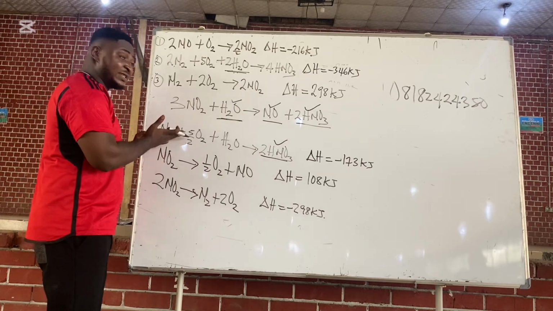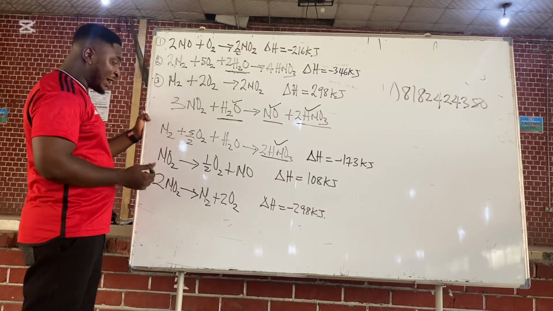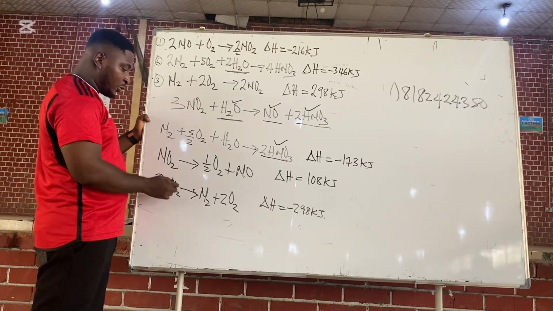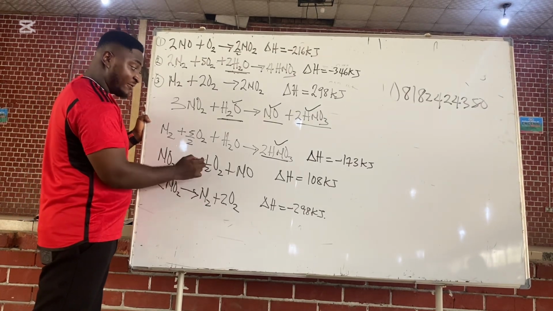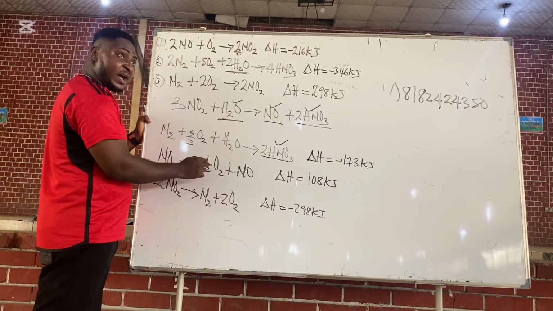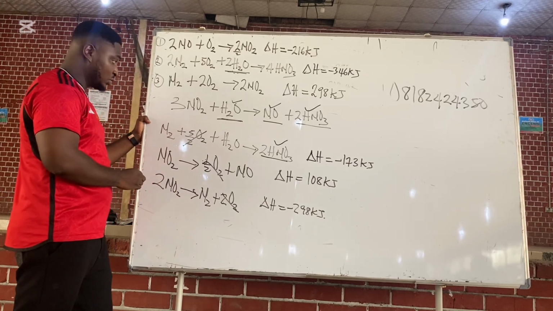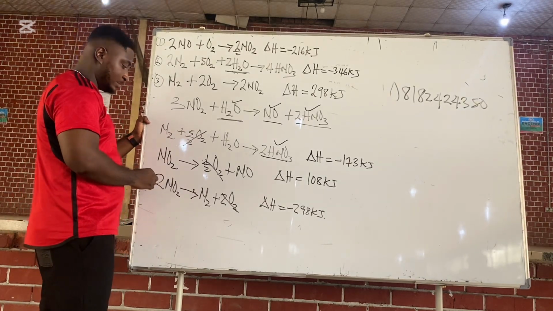Let us now see whether these 3 equations we have will give us the desired equation. Class, who can cancel who out? First of all, 2 plus 1 over 2 is 5 over 2, right? You've done that before. So O2 can cancel this 5 over 2 O. Who else can cancel each other?